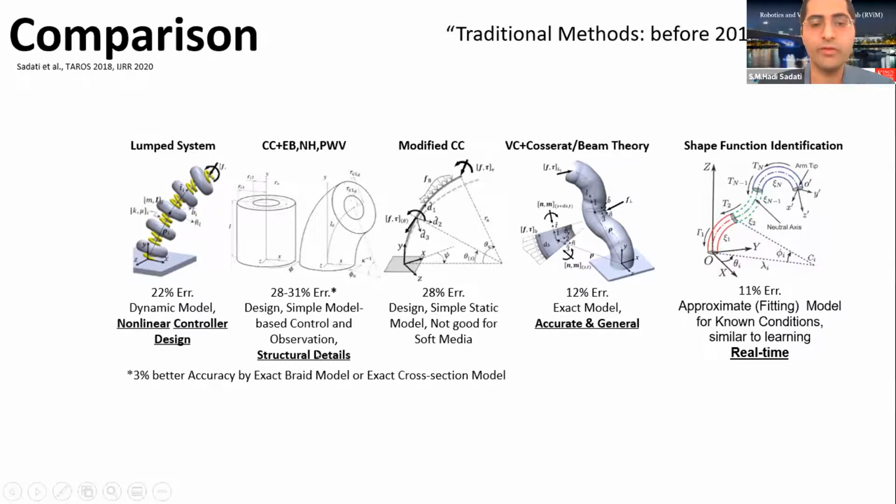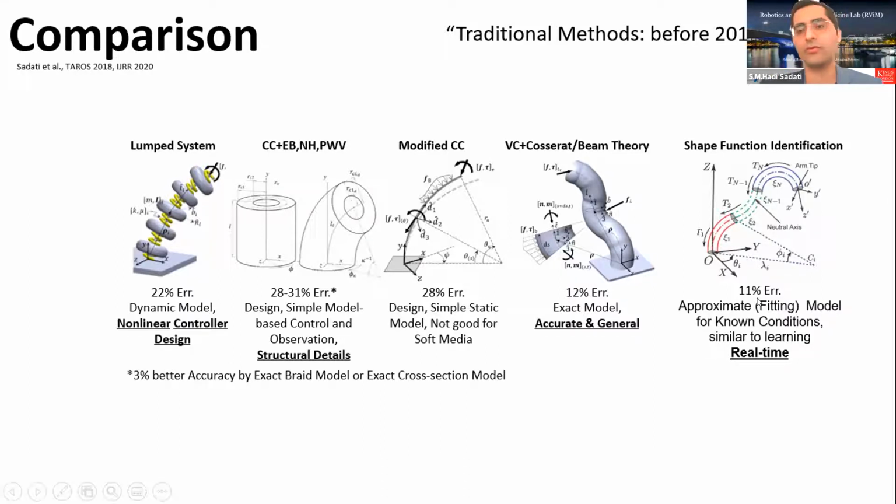Constant curvature is not accurate, but it's really easy to implement structural details like the braids of the actuator and the change in the cross-section. The modified version improves the error, but not that much. Cosserat rod is the best in terms of accuracy and generality, so it's robust to the changes, but you cannot formulate it in a traditional nonlinear control way.